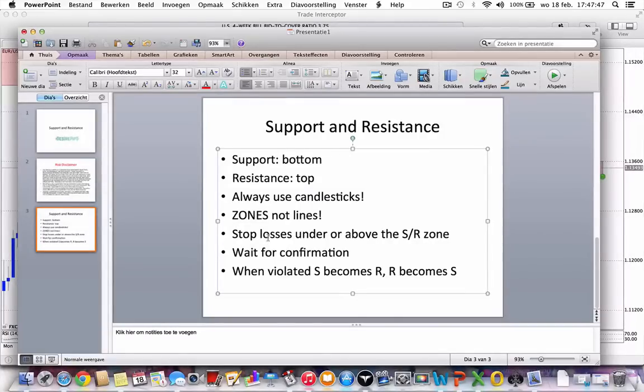When you enter a trade based on support and resistance, your stop loss should be under the support level and above the resistance level. Also, when you enter a trade, you should always wait for confirmation, because it could also have been a breakout, and when a support level is being violated, it becomes resistance, and vice versa. When resistance is being violated, it becomes support.